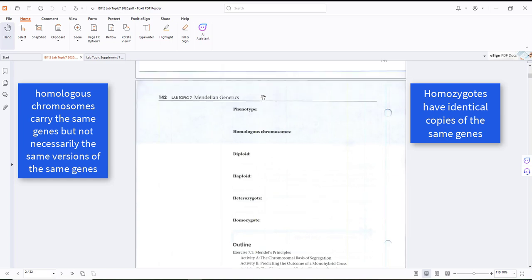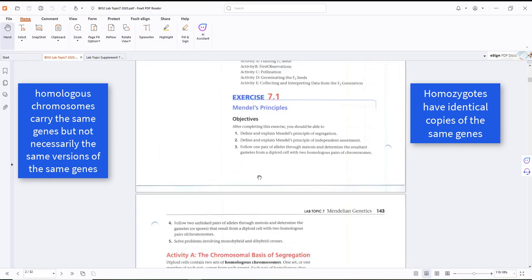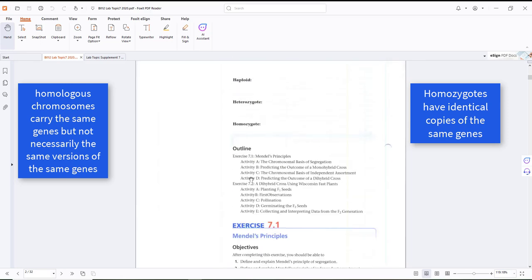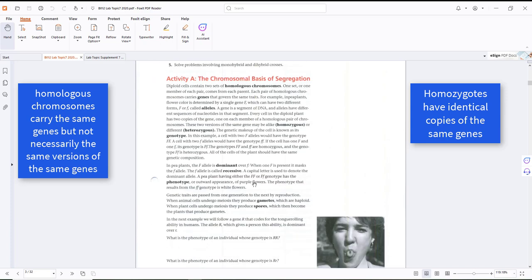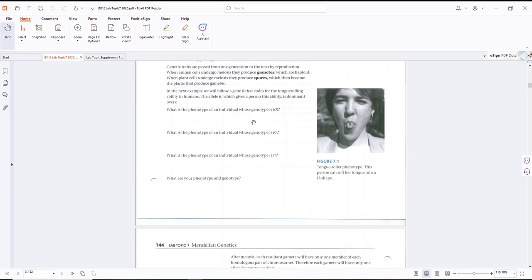Remember, an allele is a variation of a gene, such as one allele of a gene may say widow's peak, whereas the other allele means straight hairline, okay? So it's a good idea to write these definitions down and commit them to memory, so that when we go through this terminology, you understand right away that a homologous chromosome is different from homozygous.